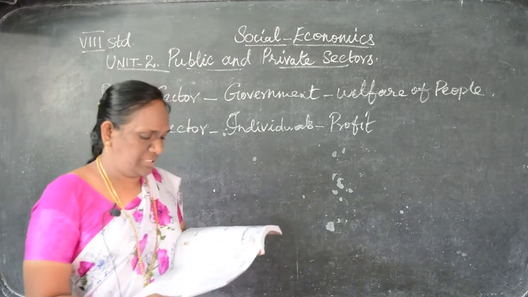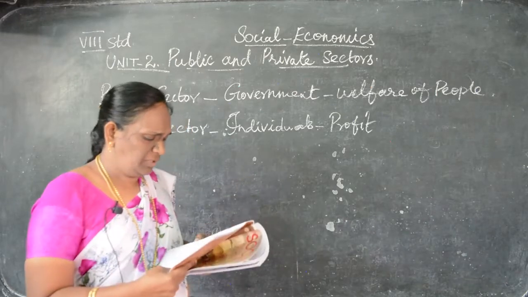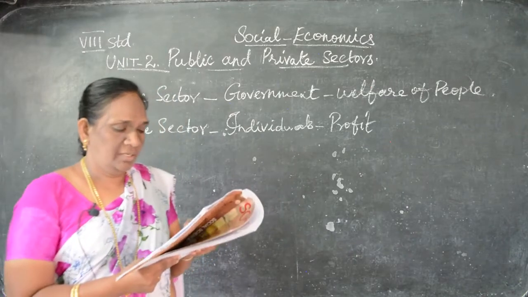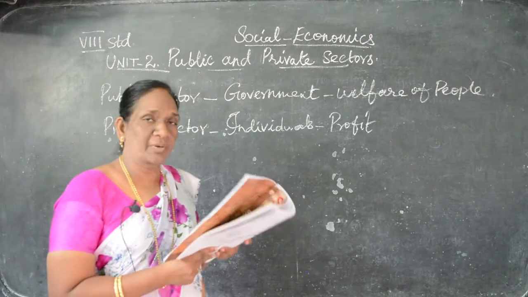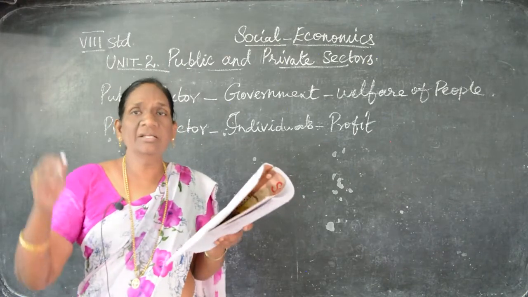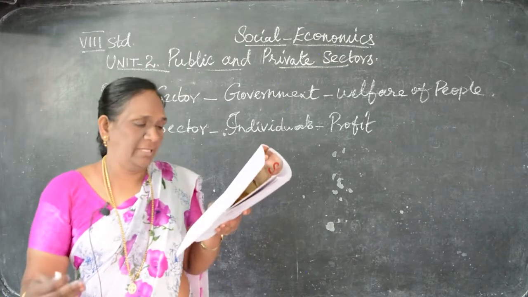Now we'll see about the definition of public sector. What is the definition of this? The public sector engages in the activities of providing government goods and services, generally undertaken by the government, and is called the public sector.